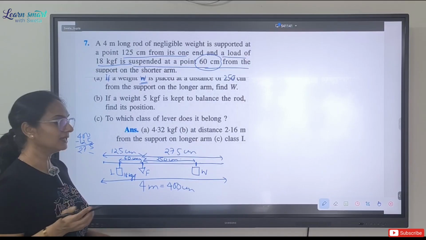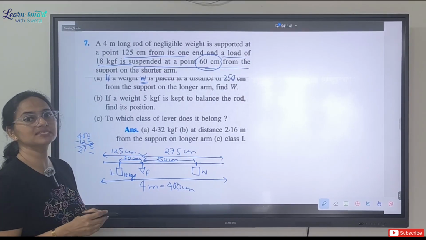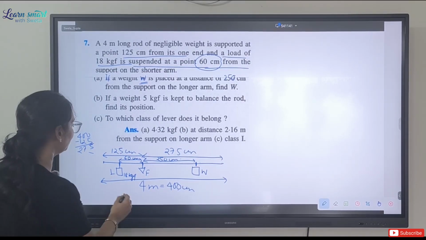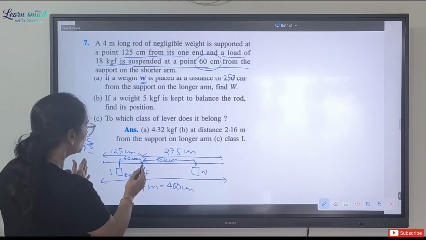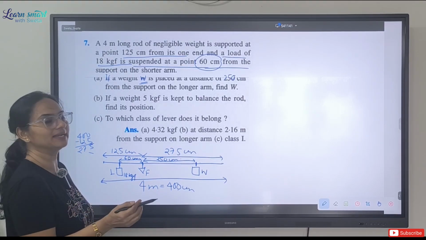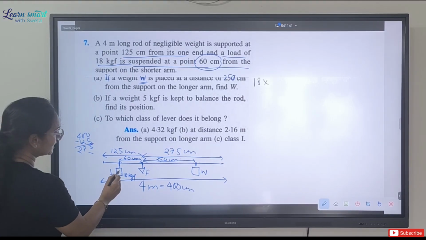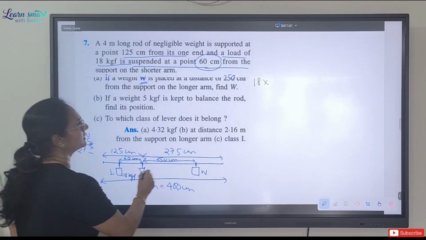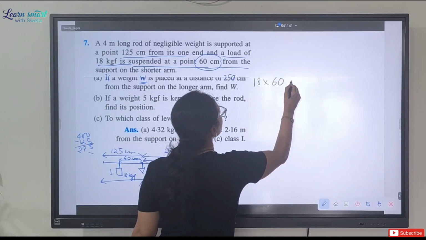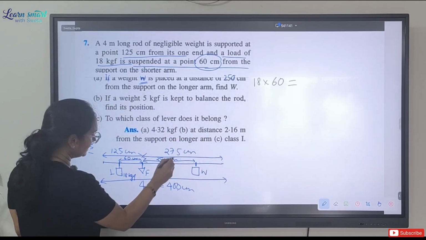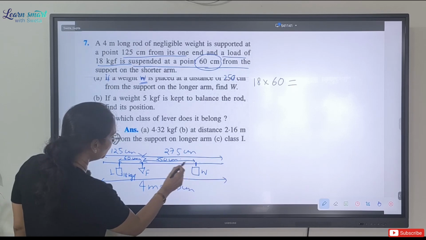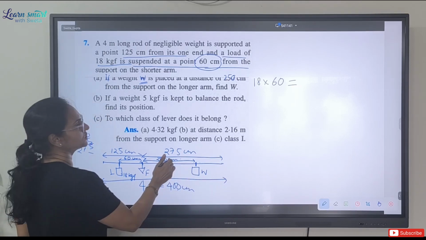So we will apply that load into load arm is equal to effort into effort arm. We will apply the principle. So total clockwise moment is equal to total anti-clockwise moment. This weight is 18 kgf and this distance is 60 centimeter. So we will write 18 into 60 is equal to, on this side the moment is W into 250. This distance is 250.